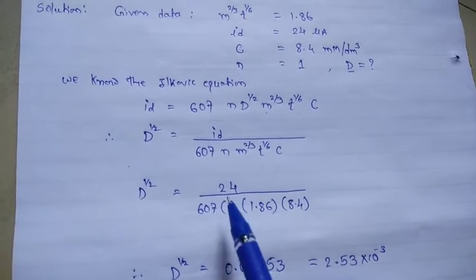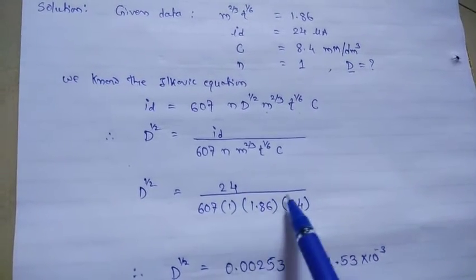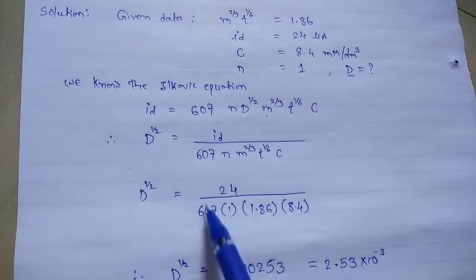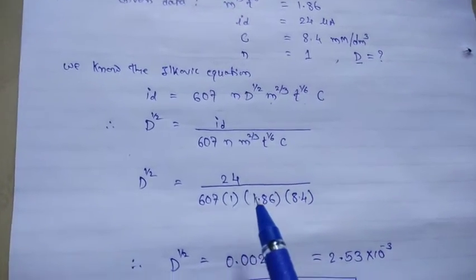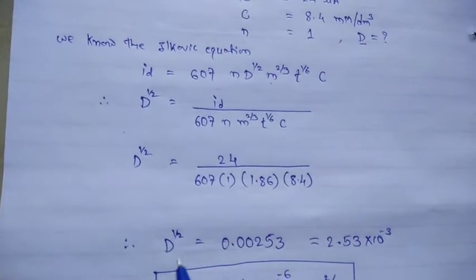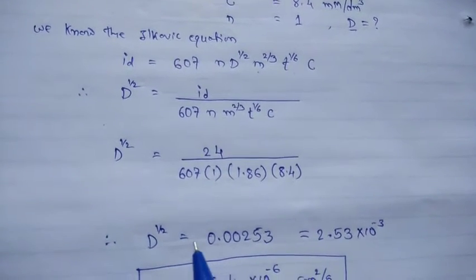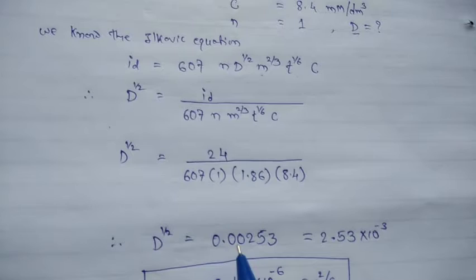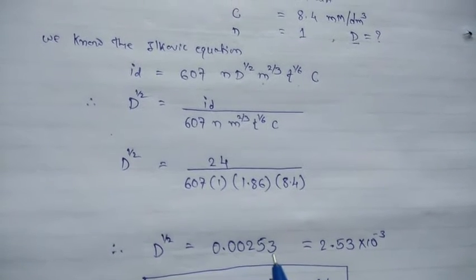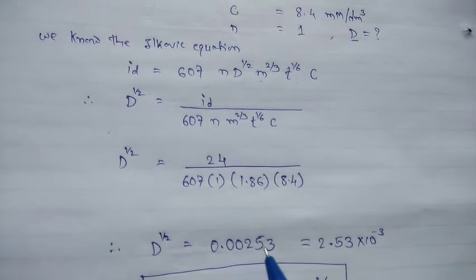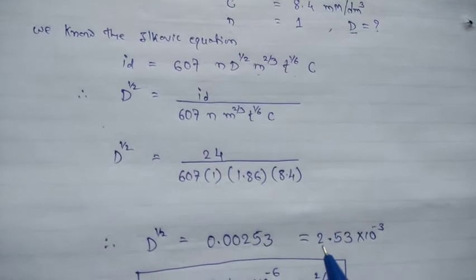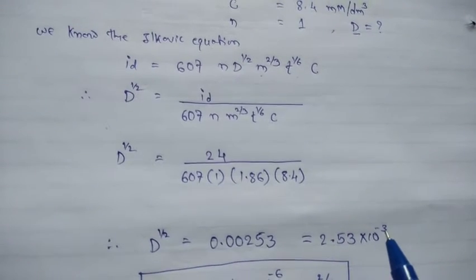Okay, so after substituting we have to calculate the entire ratio. So that comes to d raised to half, that is the square root of d, is nothing but 0.00253. Okay, so we can modify this factor like this, 2.53 into 10 to the power minus 3.